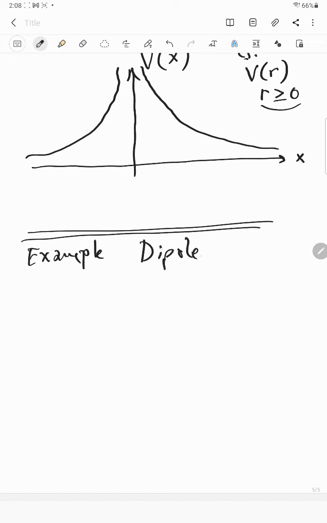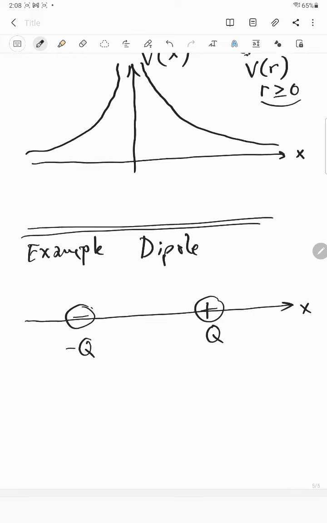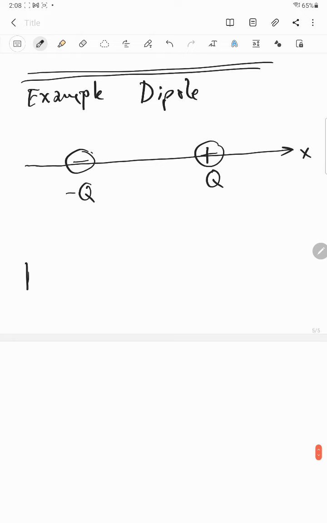Remember, a dipole is a situation where you have a charge q and a negative of the same amount of charge separated over some distance along some axis. In this case, I'm going to set the axis of the separation of these two charges, or the dipole's axis, as the x direction. And I'm going to talk about the potential along the x-axis.